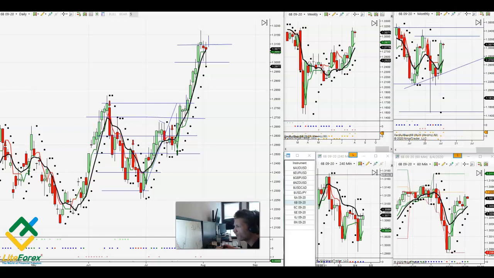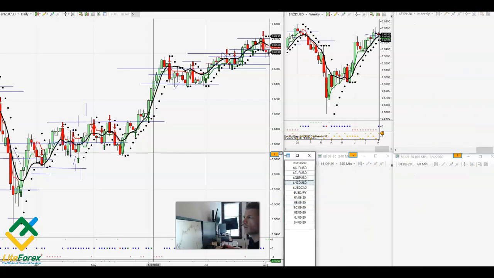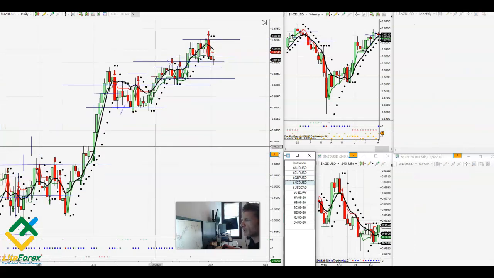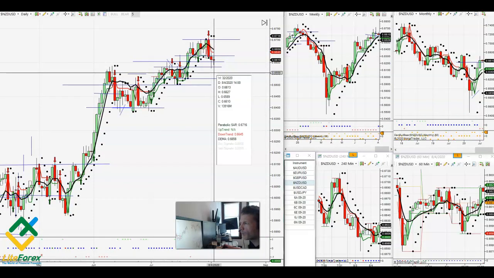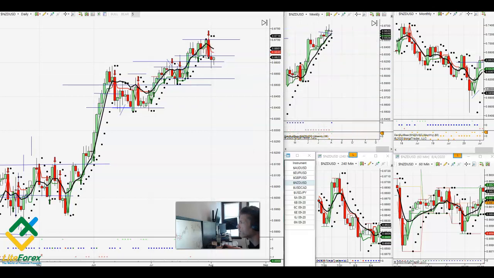Okay, so let's take a look at the New Zealand dollar. New Zealand USD is definitely a lot weaker than the Australian USD today.